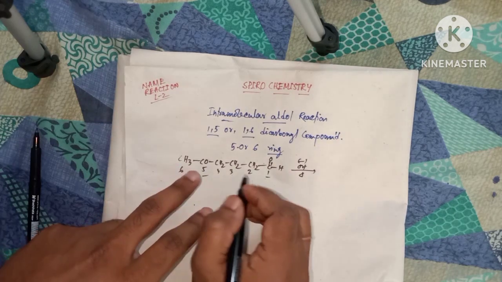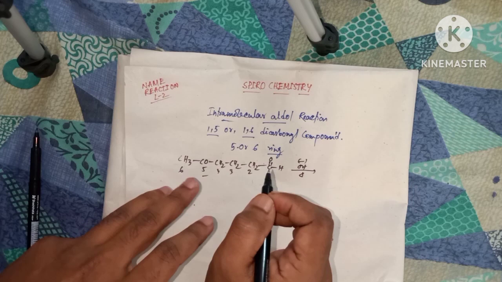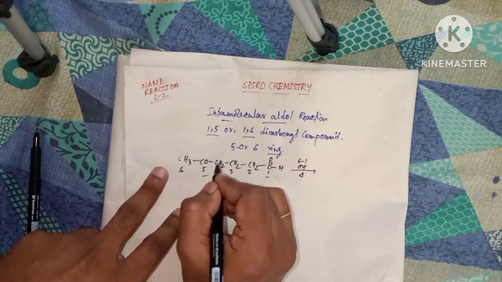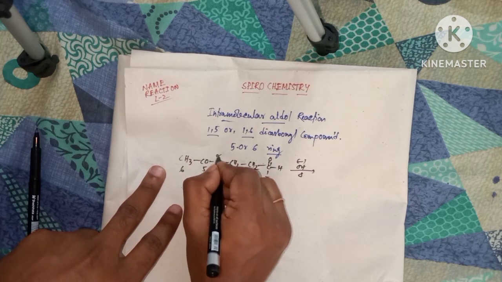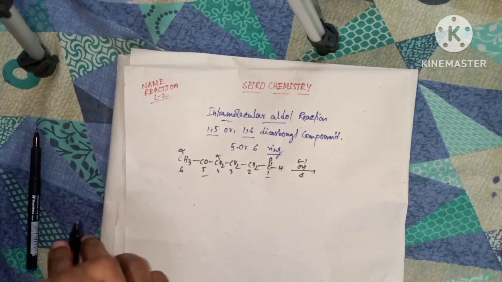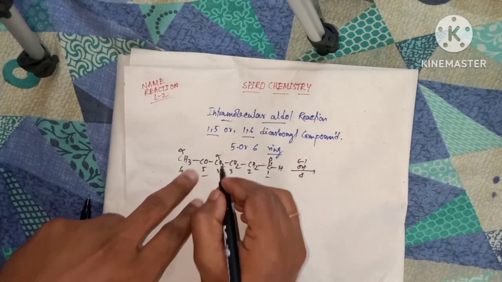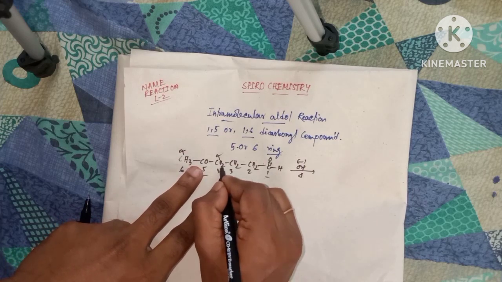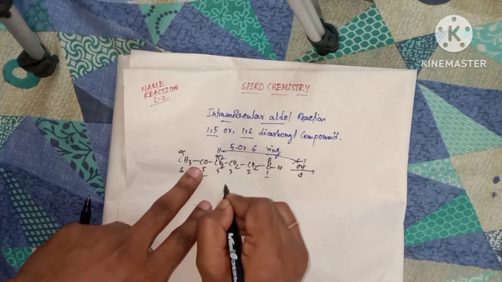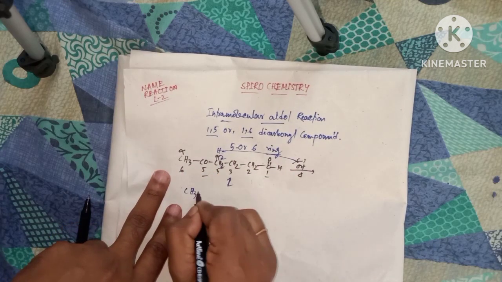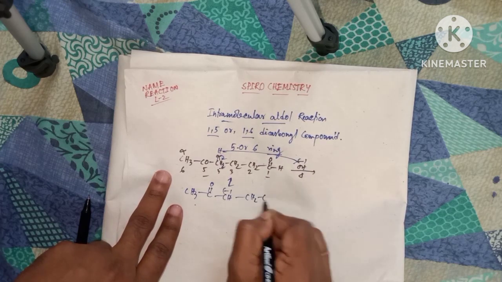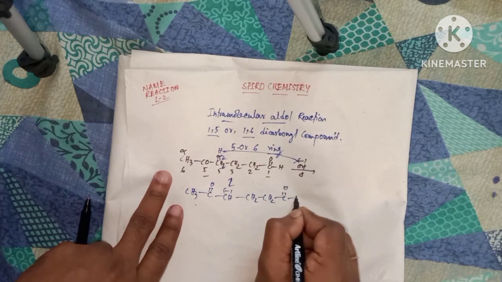We know that in aldol condensation there is an alpha carbon with alpha hydrogen. So here it is alpha, and along with it there is also another alpha carbon. If you take this alpha hydrogen, the hydrogen is attacked here and it forms CH3, C double bond O, CH minus, CH2, CH2 and C double bond OH.